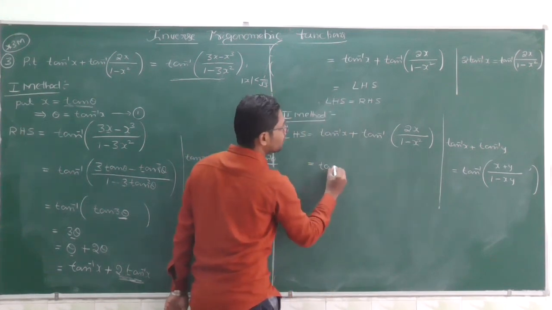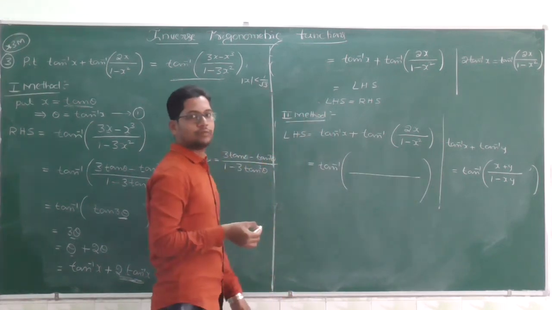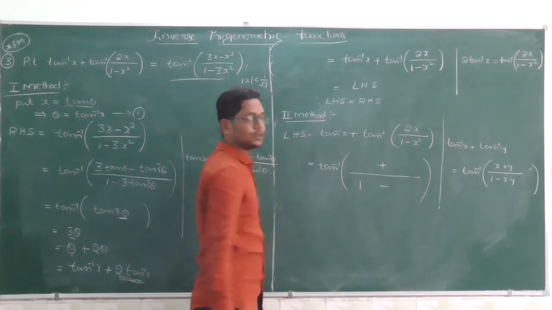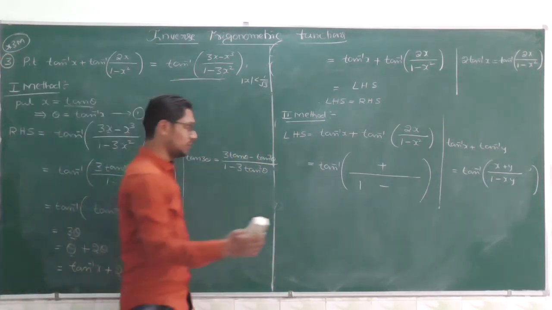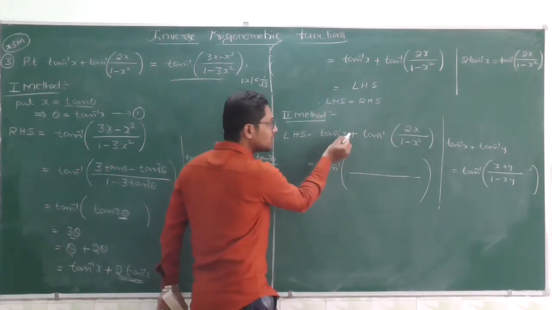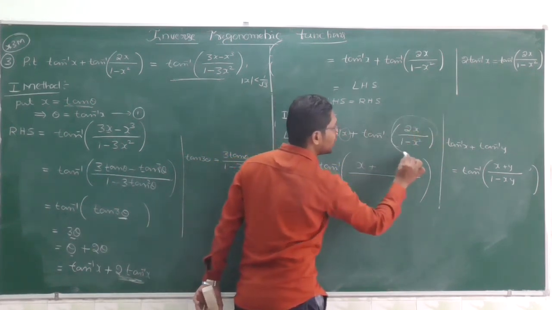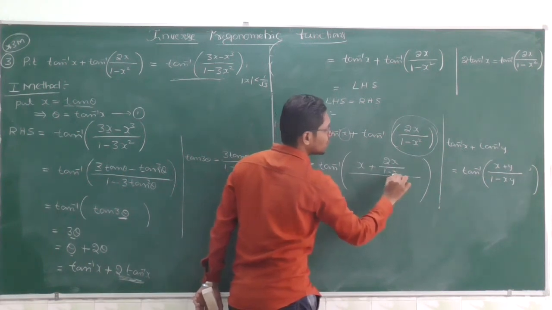Tan inverse of x plus y by 1 minus xy. In place of x we have x only. In place of y we have 2x divided by 1 minus x square.